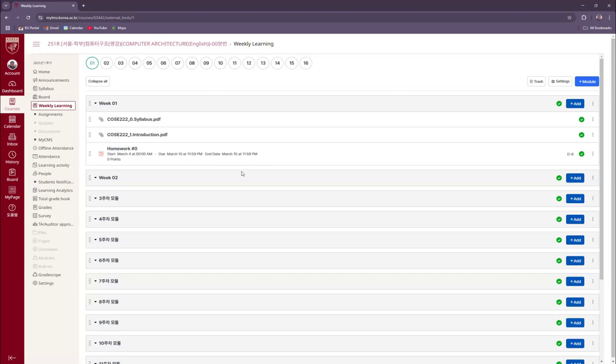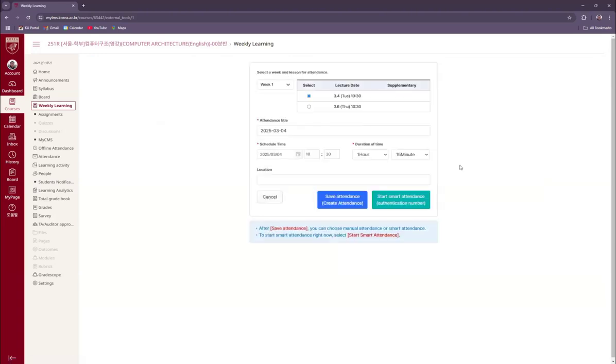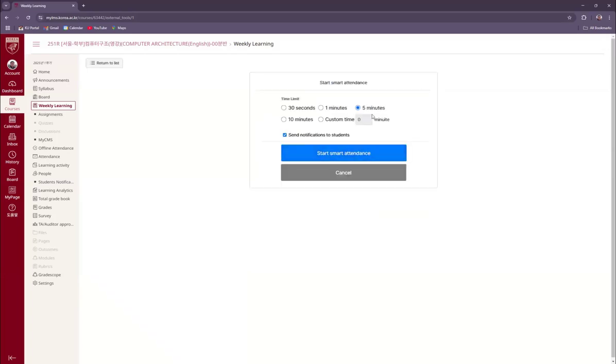And then I will generate the offline attendance. Scheduled time, duration time. Start smart attendance. Send notification. Okay, 10 minutes.